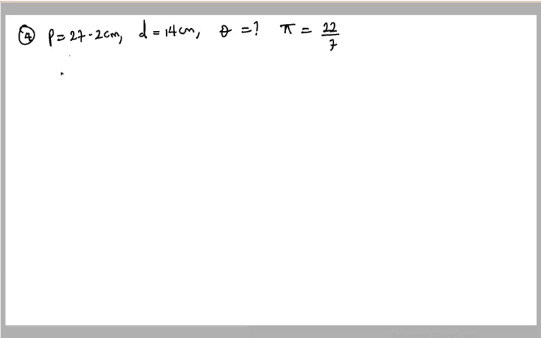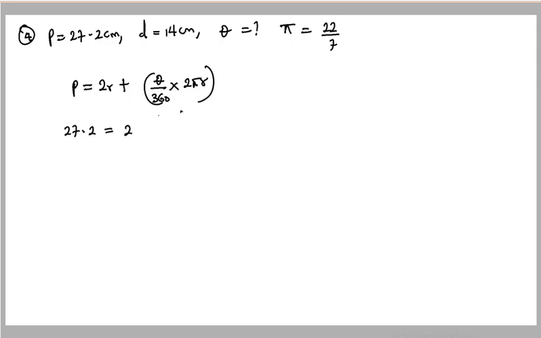So let's now solve. This is purely a question that relates to perimeter of a sector. So I have P equal to 2R plus theta over 360 times 2 pi R. So plugging everything in, our P is 27.2, equal to 2 times what's our radius?